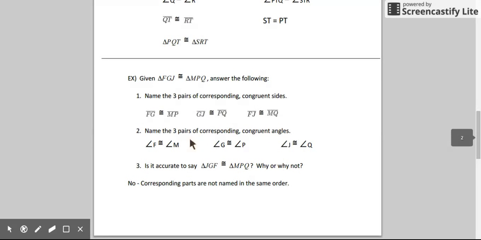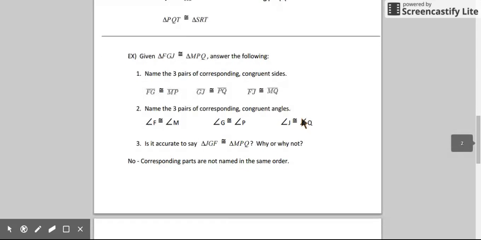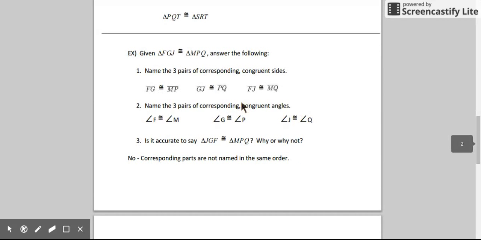Lastly, you might be given just the congruency statement without a figure to look at. So hopefully by this time, you can understand that we're just trying to match up corresponding parts that are in the same order in the name. So angle F corresponds with angle M, they're congruent. Angle G corresponds with angle P, they're congruent.